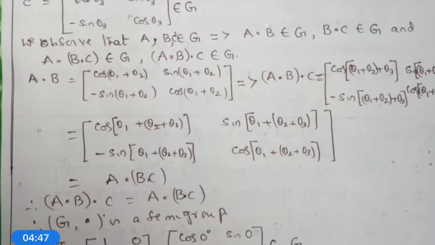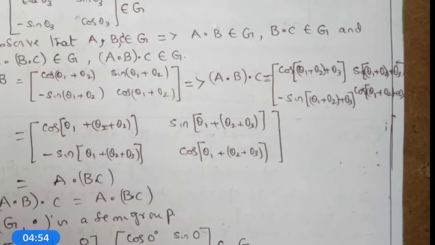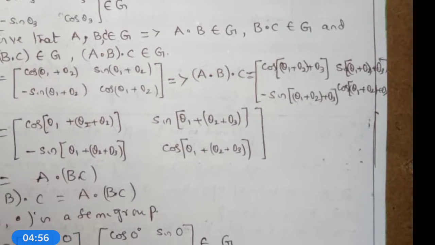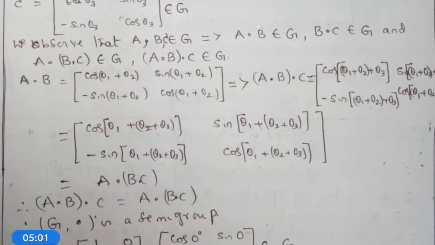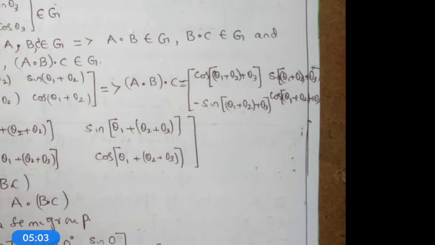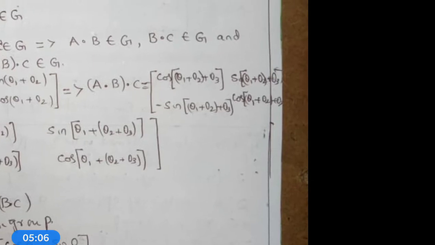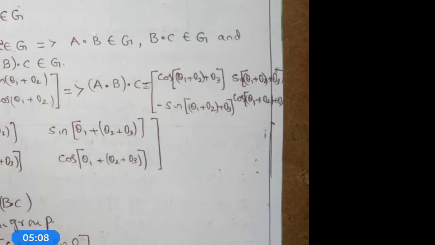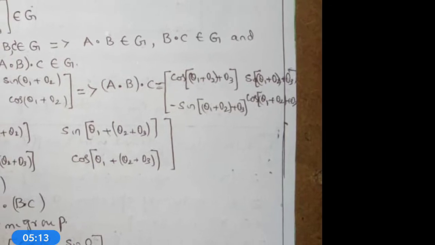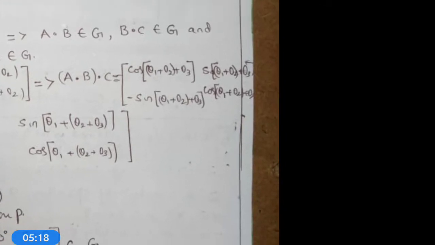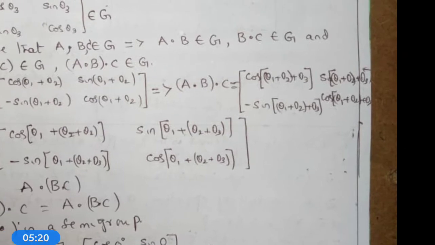Now A dot B is equal to cos theta 1 plus theta 2, sin theta 1 plus theta 2, minus sin theta 1 plus theta 2, cos theta 1 plus theta 2, which implies A dot B dot C is equal to cos theta 1 plus theta 2 plus theta 3, sin theta 1 plus theta 2 plus theta 3. Second row, minus sin theta 1 plus theta 2 plus theta 3, cos theta 1 plus theta 2 plus theta 3.